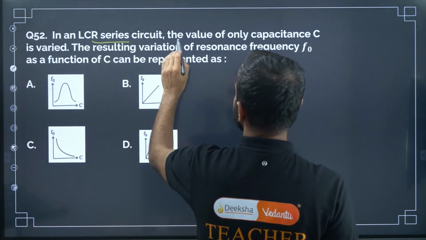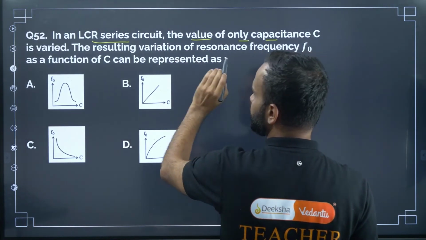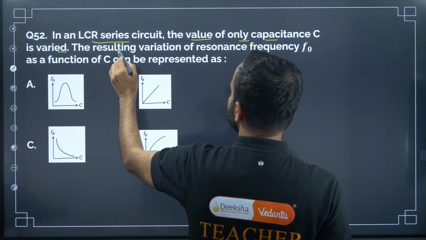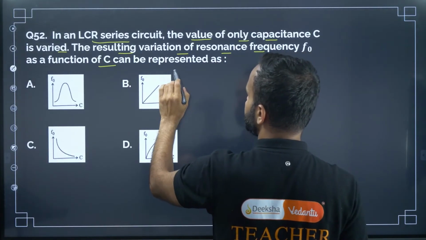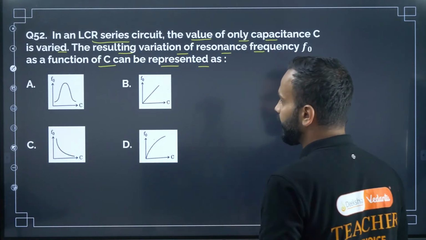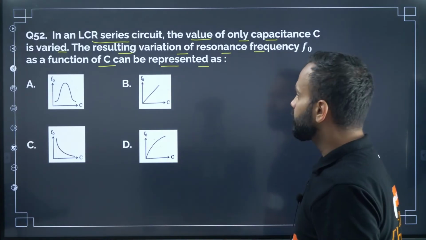In an LCR series circuit, the value of only capacitance C is varied. The resulting variation of resonance frequency F0 as a function of C can be represented as. This is a direct question.